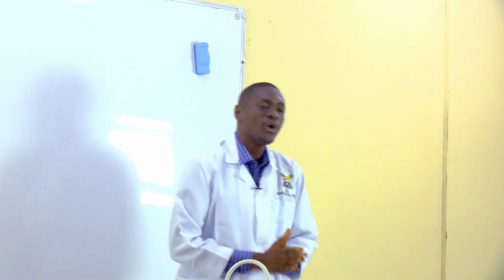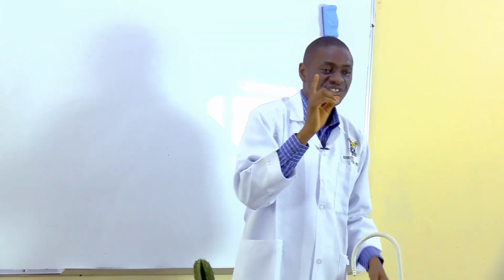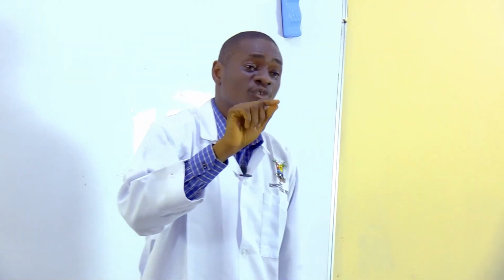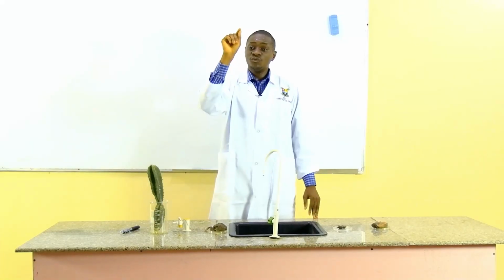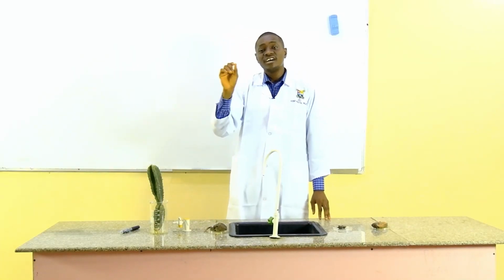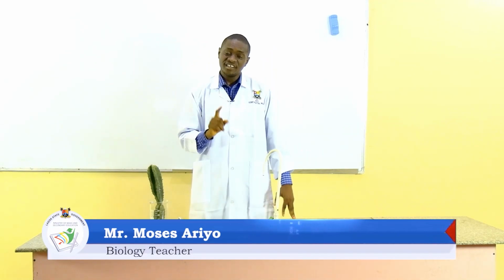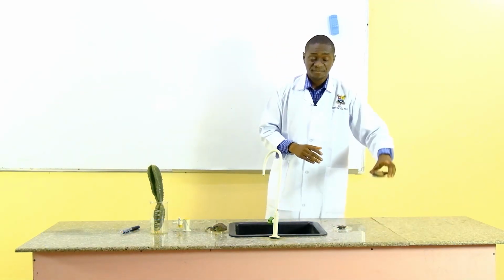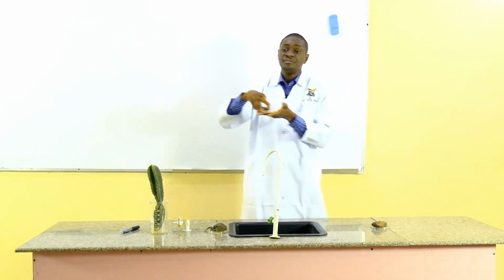Now, when you are to answer a question on differences in an exam, the first thing that you should do is draw a table. There are so many past questions where, if a student does not draw the table, they will remove 1 mark. So for you to draw a table can fetch you that first 1 mark. So draw a table. On the left side, put specimen A. On the right side, put specimen B.